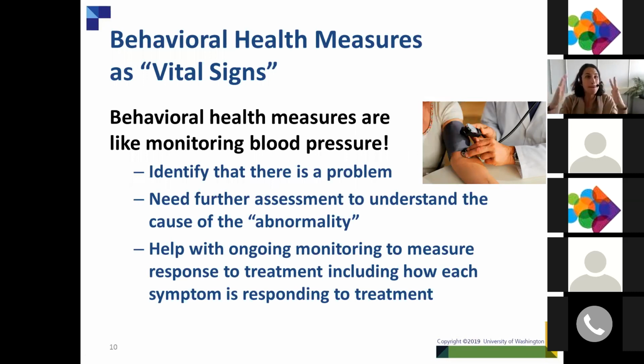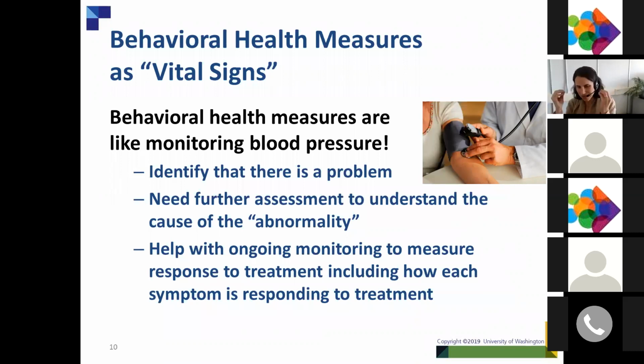We know there are many other screeners and scales out there, and some do use them at different points in treatment, and we can talk about those as we work with you this year. But for the purposes of today's webinar, I'm going to be focusing pretty specifically on the PHQ, and it's the score that you're going to want to be monitoring in your registry, which I'll talk about in a few minutes. All right, so thinking about them as vital signs, right?